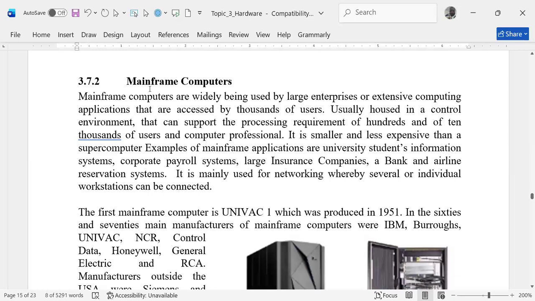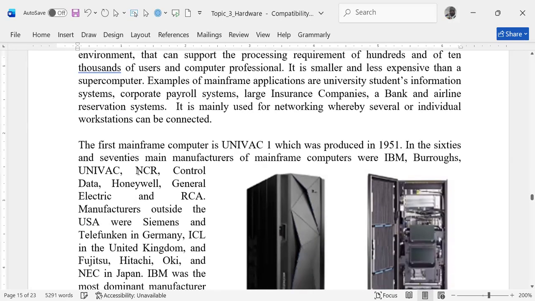Next to it is the mainframe, less powerful, normally used for networking as a central device where others can be connected. Most organizations like banks and insurance companies always use this because of the price. And normally used in a special room or environment.